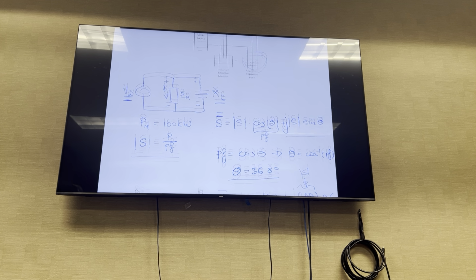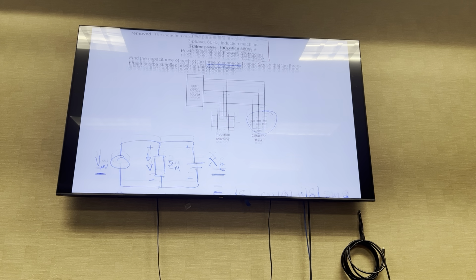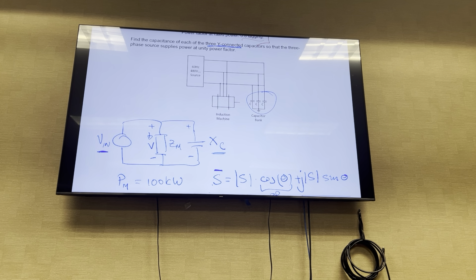So if I go back to here, I'm given the V of the motor is this value here. This is my source voltage. I'll write that out over here. V in line to line is 480 volts. And I'll just deal with the magnitudes here to begin with.